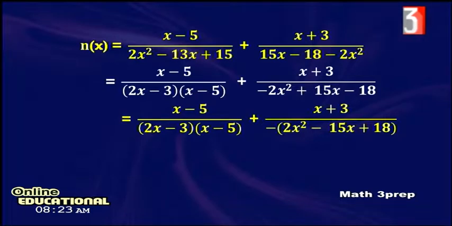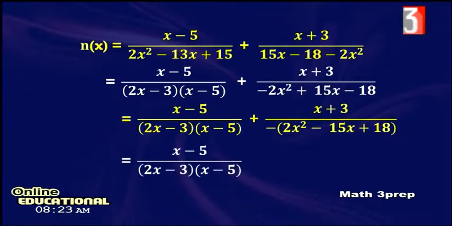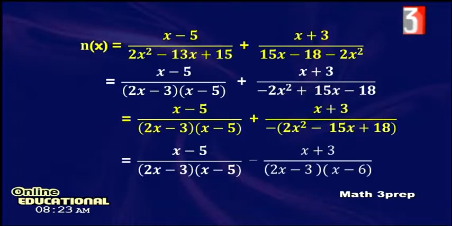So it is (x plus 3) over negative (2x squared minus 15x plus 18), which is equal to (x minus 5) over (2x minus 3)(x minus 5), and then positive times negative gives negative, (x plus 3) over, by factorizing the denominator, (2x minus 3)(x minus 6).